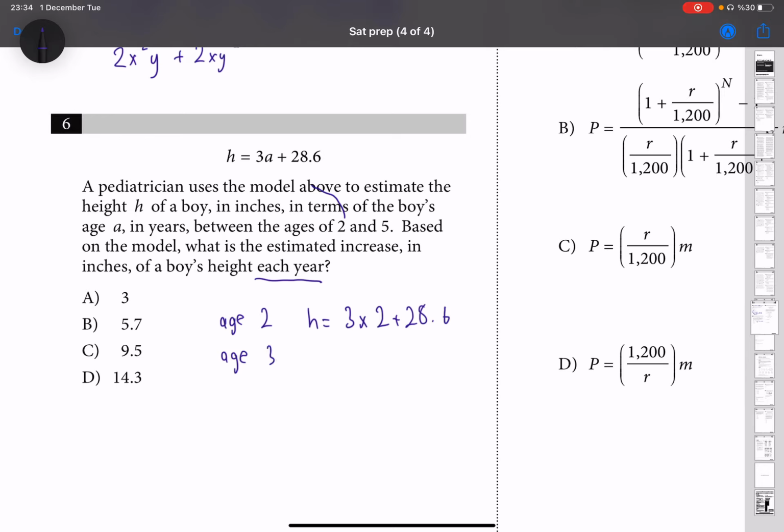At age 3, height is 3 times 3 plus 28.6. The question asks what the estimated increase in inches of a boy's height each year is. So I need the height difference in 1 year. This minus this gives me, this part will be cancelled, 3.